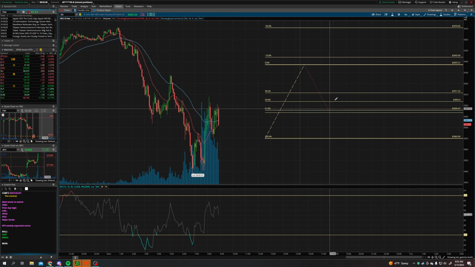But remember, there was a lot of energy used right here. There was a little bit of energy gathered right here, and then to think that this is going to go even higher after using this much energy is crazy. To give you an analogy, think of it as a person running.